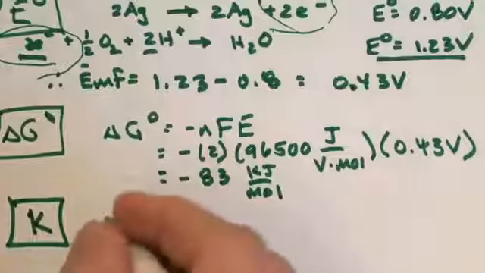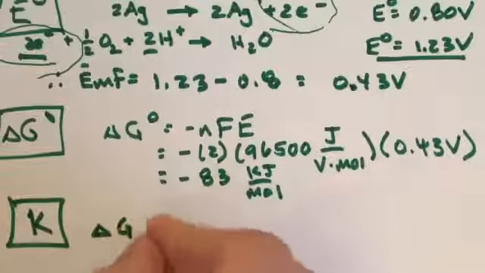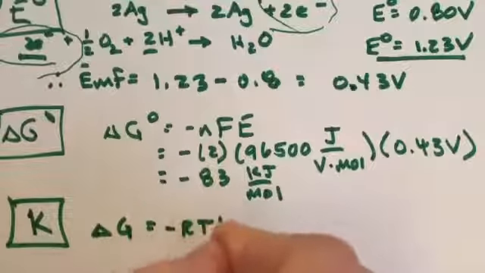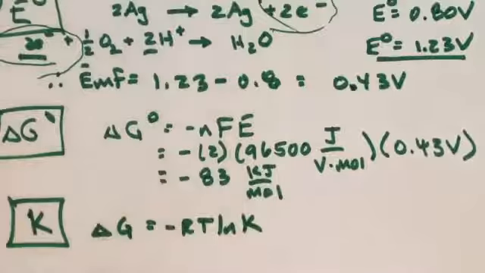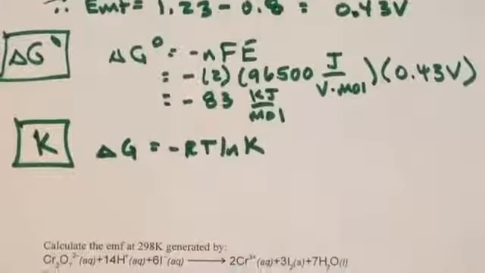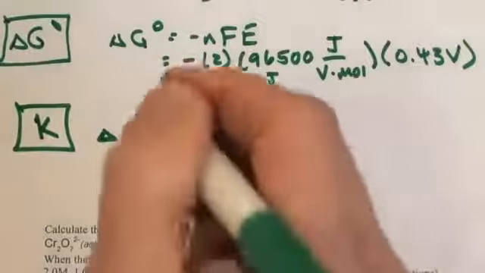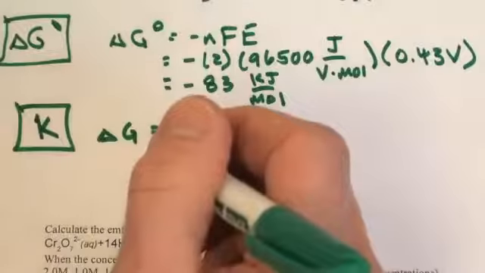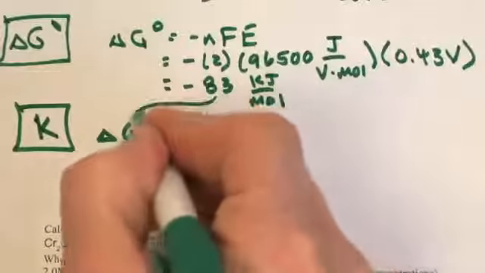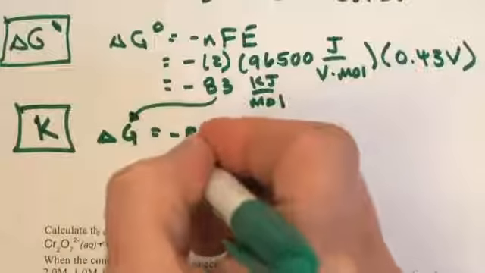And remember, to find K, we can use delta G is equal to negative RT natural log of K, just like we did in the last problem. And we're going to solve for K. So we put the delta G in there once again, which was 83 kilojoules per mole. And be careful of your R then.